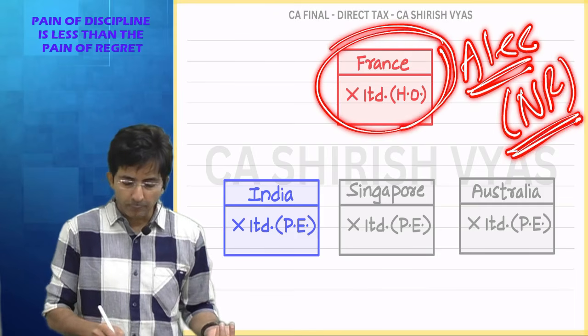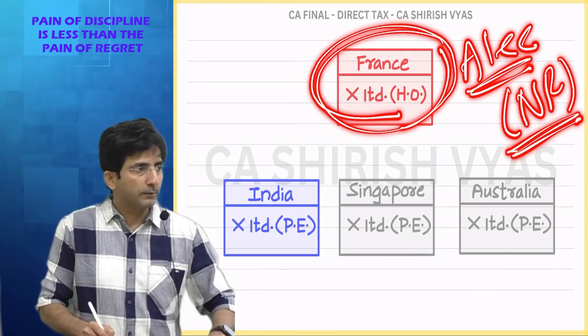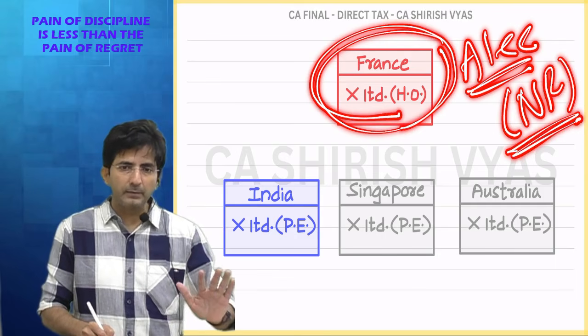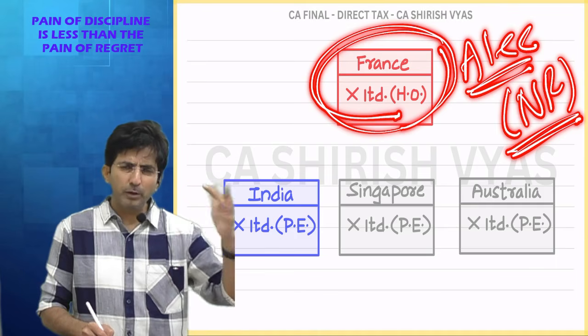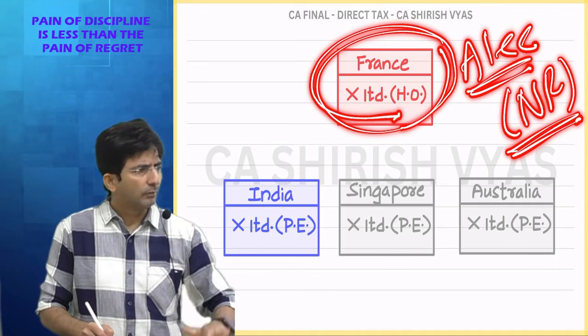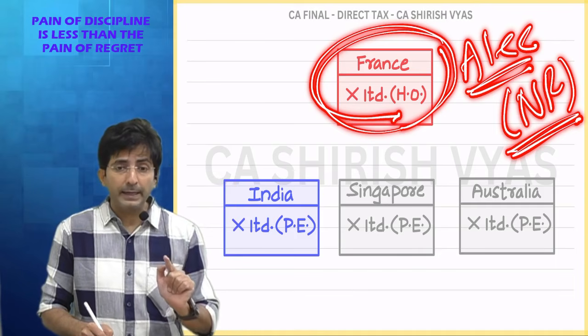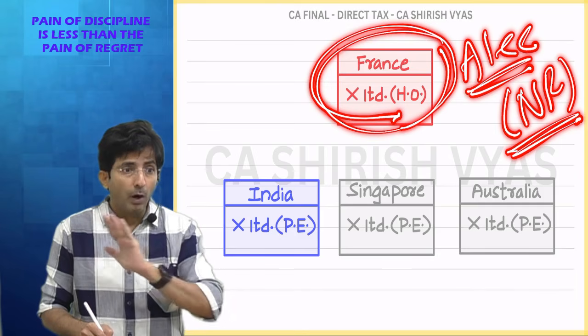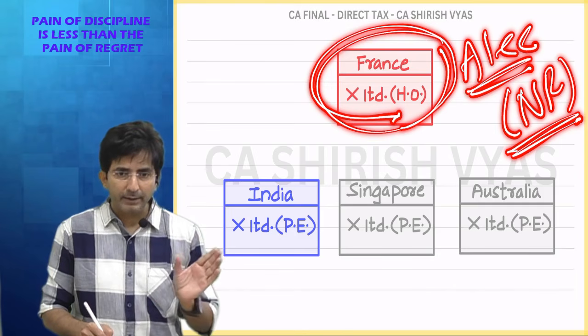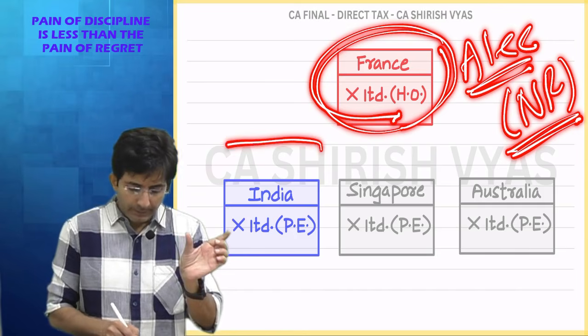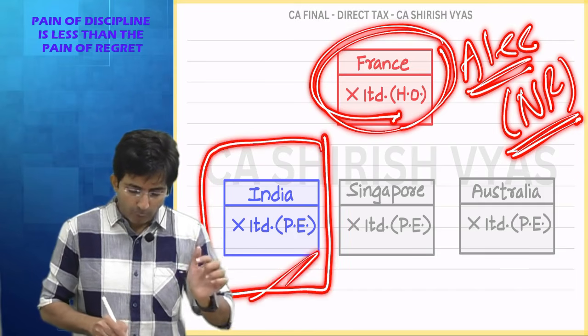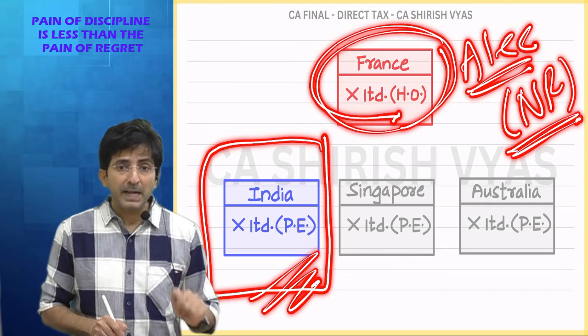Because the company has its head office in France, that means it is a foreign company, and assume its POEM is also foreign. So they are NR, and for NR what is the rule? India cannot tax them on world income. India will tax only Indian profits. So only profits generated from the Indian branch will be taxed.